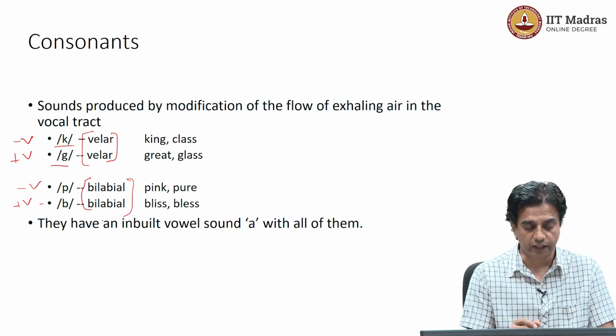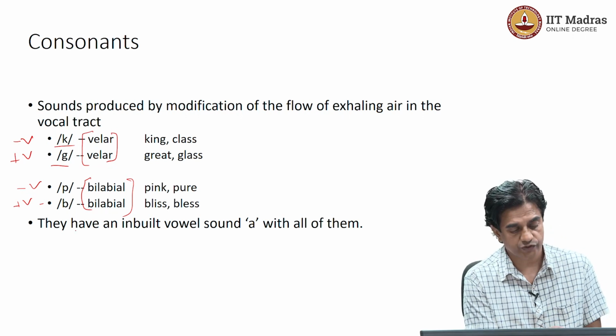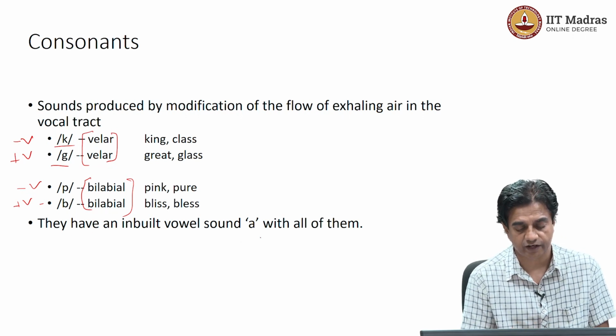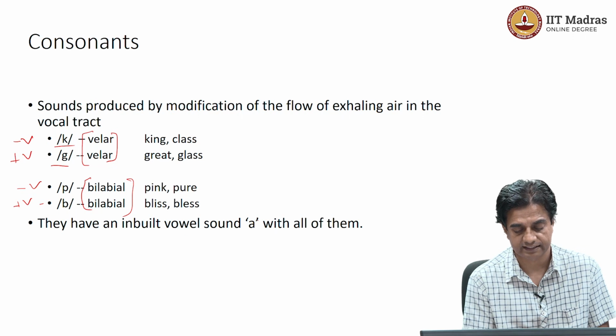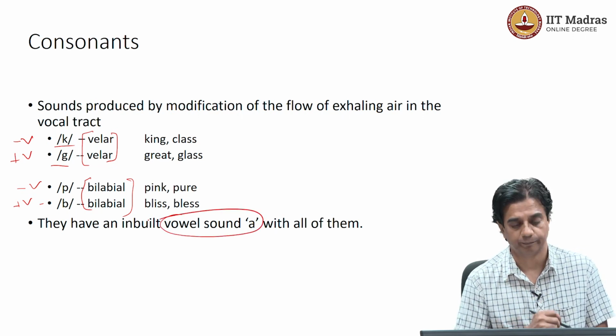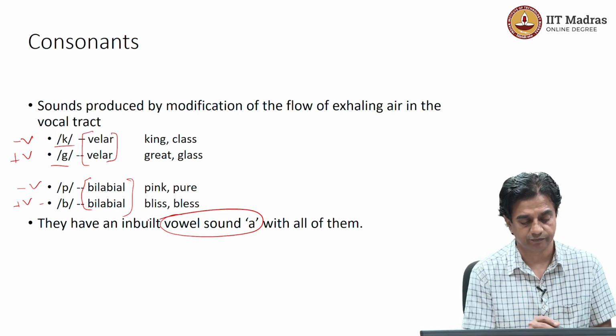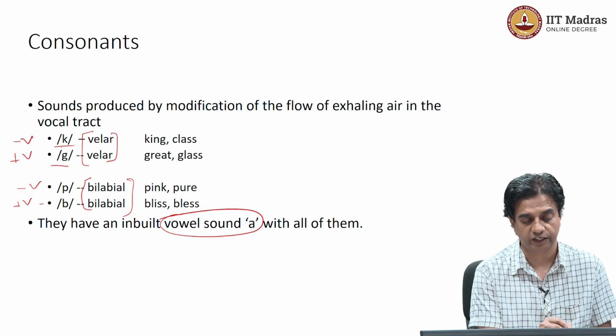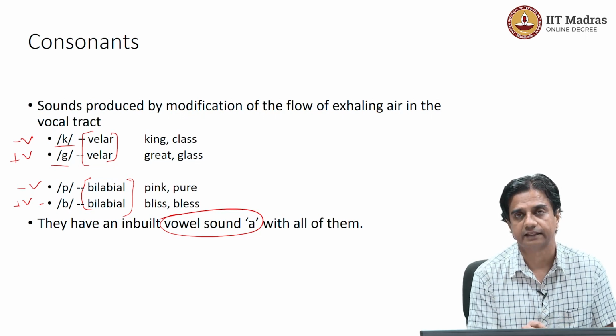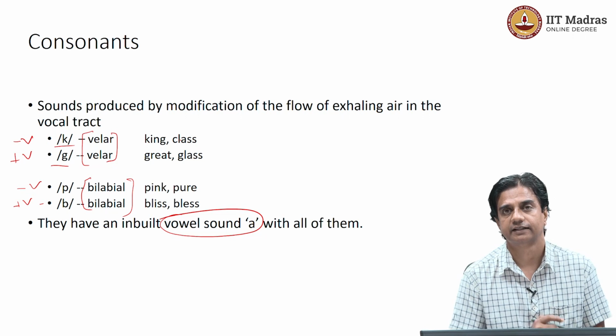And this is what I was talking to you about, that every consonant sound has an inbuilt vowel sound with it. So look at these words with these two velar sounds, ka and ga. King, class.